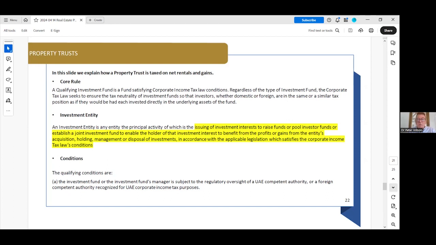But if the individual members of the property trust are natural persons, then in all probability they will qualify for the real estate investment rule if their circumstances qualify for it. And if they don't, then they will be looking at the million dirham or the 3 million dirham test.